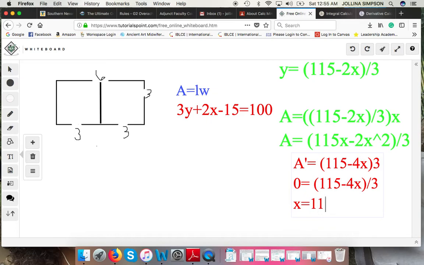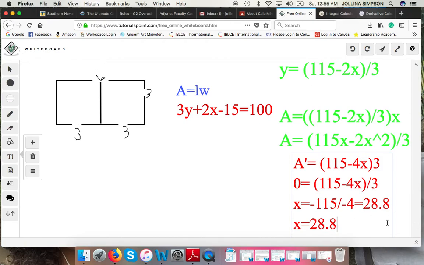It's negative 115 divided by negative 4, which is going to give us an approximate answer of 28.8. Okay, so our x value's approximation is 28.8.